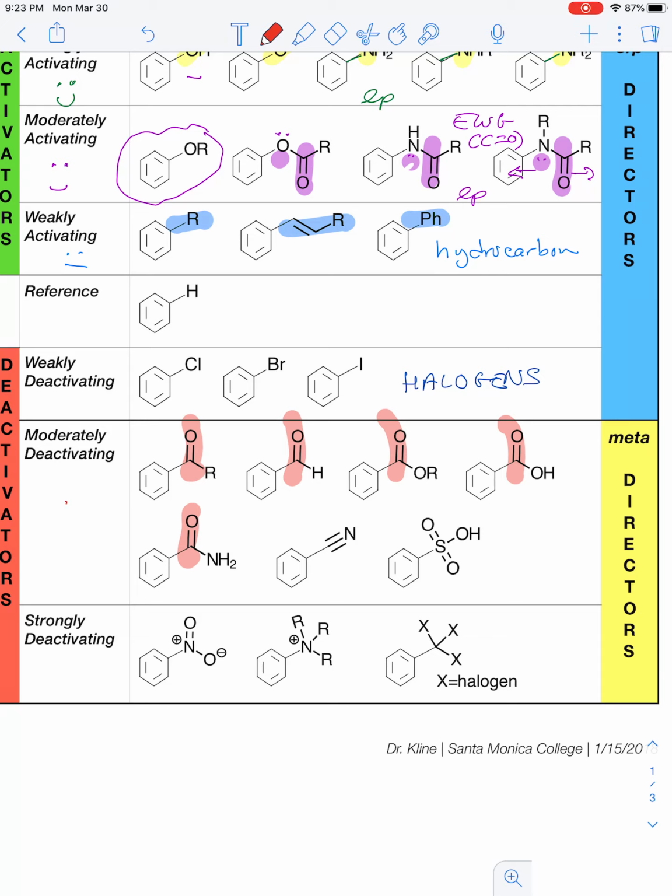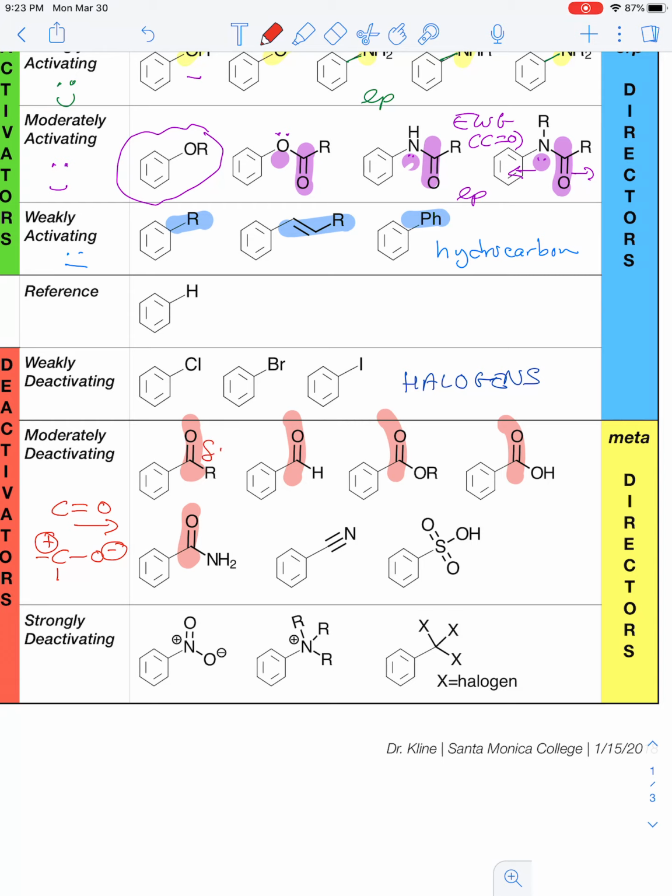And remember that these carbonyl groups are going to be electron withdrawing groups. You can even draw a second resonance contributor just for the carbonyl, where you put a positive charge on the carbon and a negative charge on the oxygen.